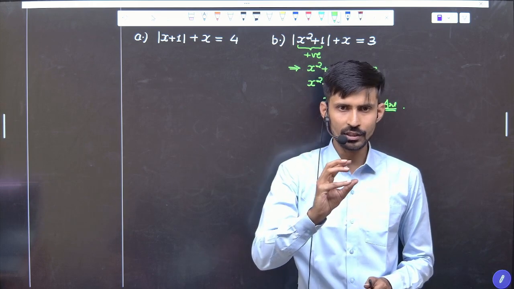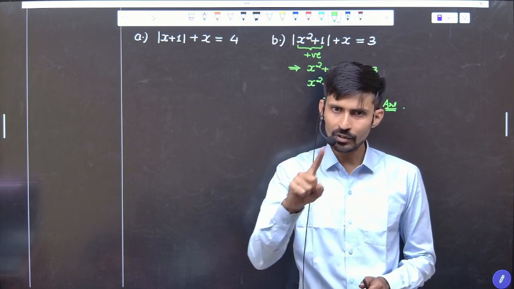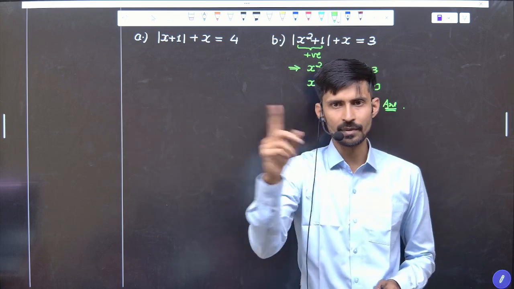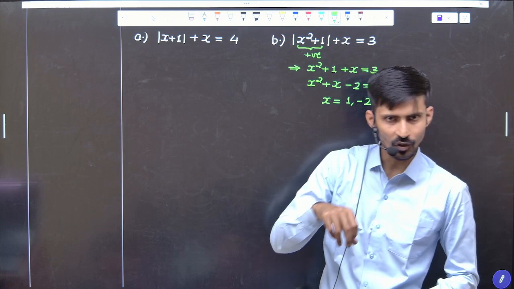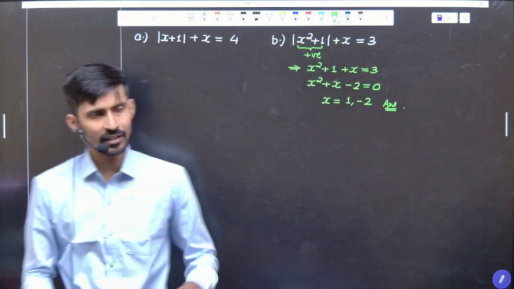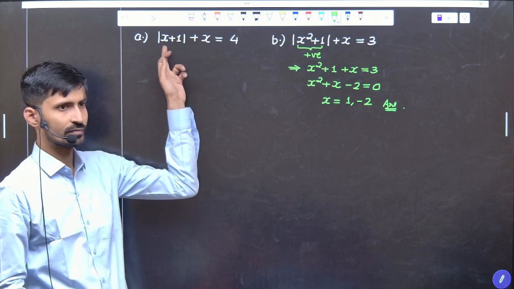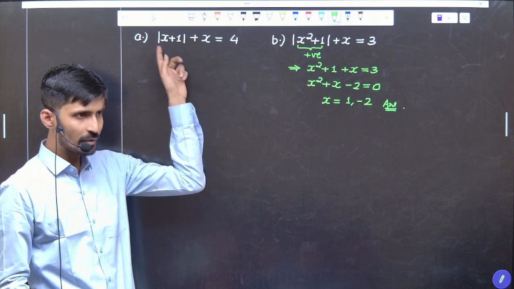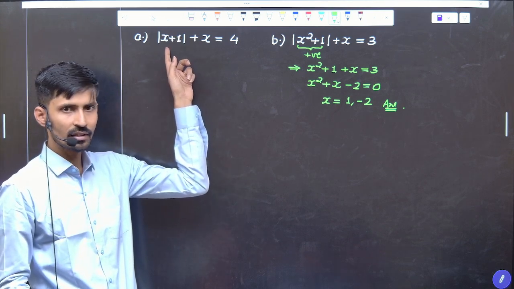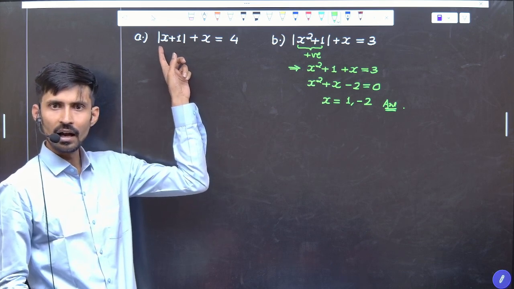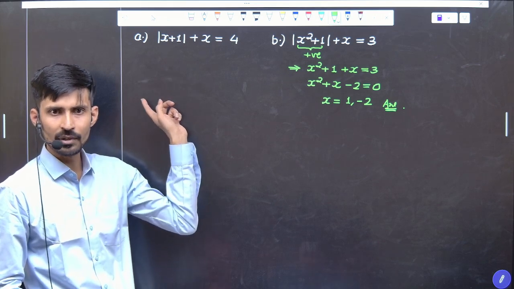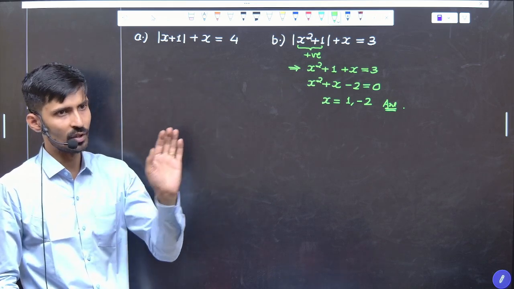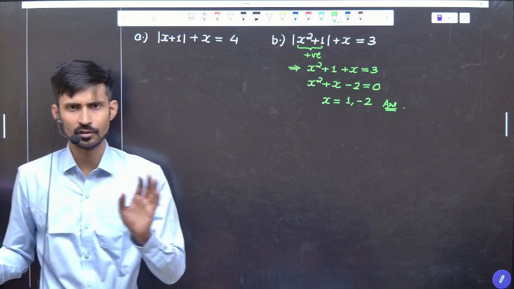Steps you have to learn new. The calculation will be old calculation, number line, plus minus plus. So first of all, I am going to find when this is positive. When this is positive, I will remove the mod directly, and when that is negative, I'll multiply by negative and remove the mod. Now you have to learn this step, that's all.